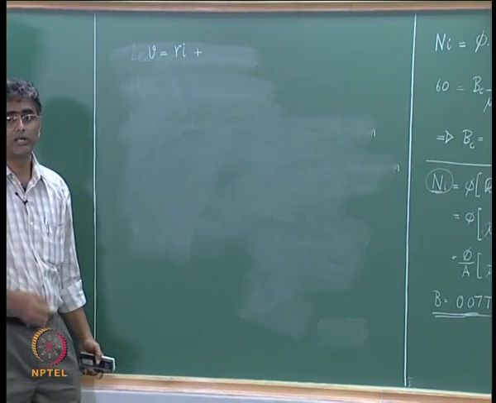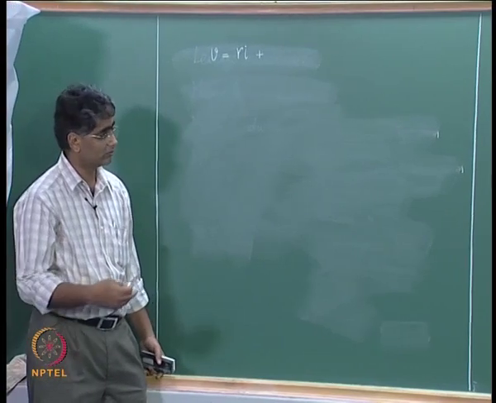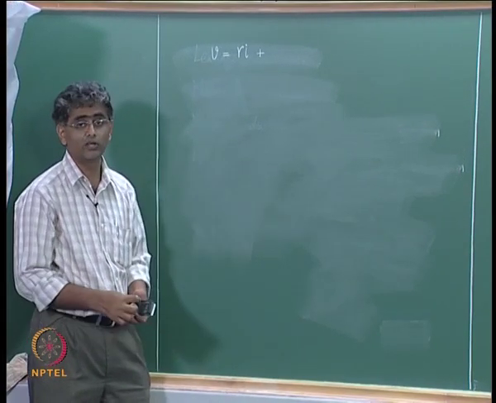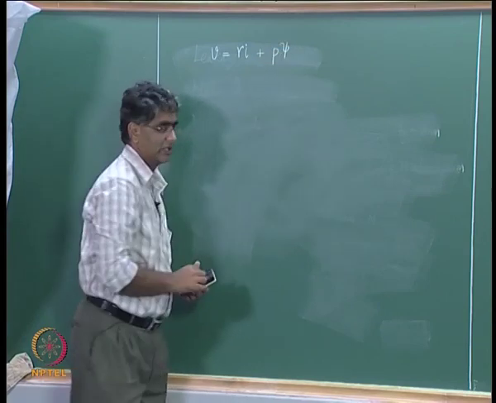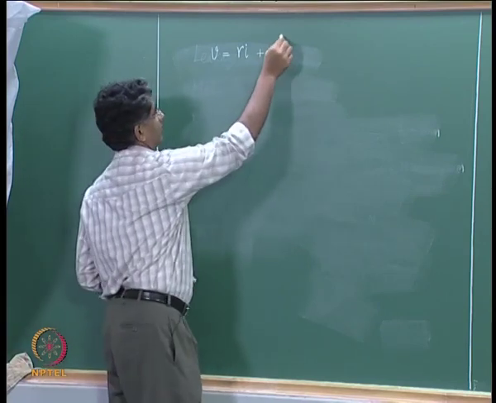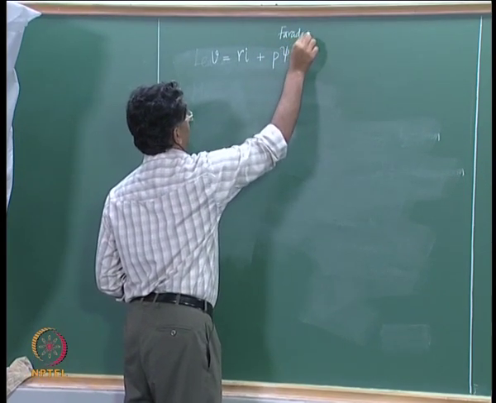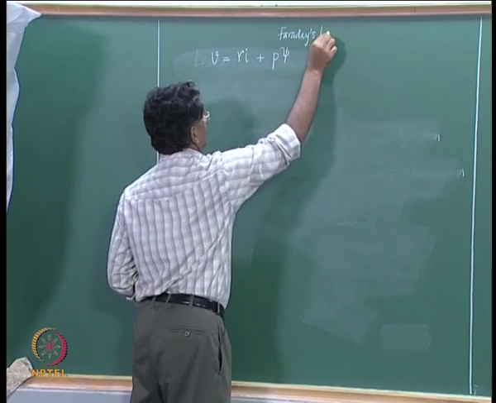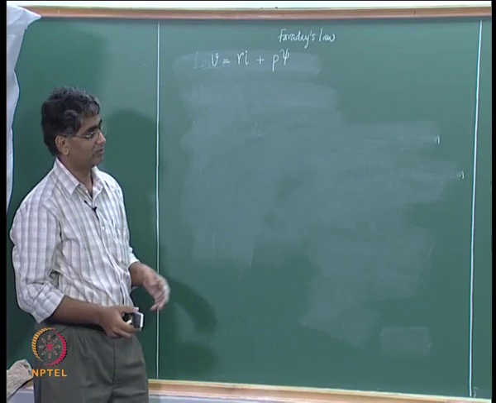you have the term that now occurs due to change in the magnetic field, due to the expressions we saw earlier, that is P into psi. This term comes about because of Faraday's law, which says that whenever there is a change in flux linkage, there is an induced EMF.